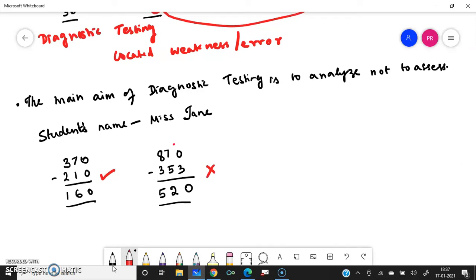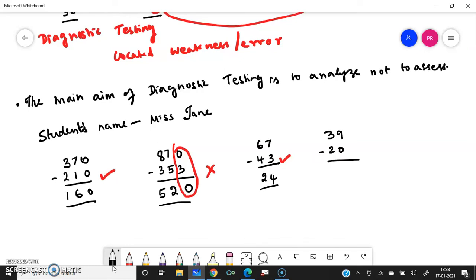Where exactly does the mistake go? 0 minus 3 is 0, right? Another question, 67 minus 43. The answer is 24. Yes, it is correct. No problem with this. One more question, 39 minus 20.